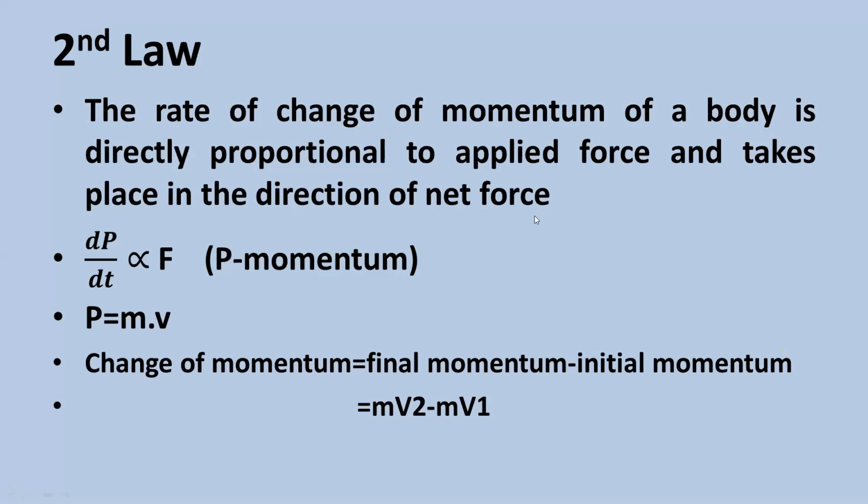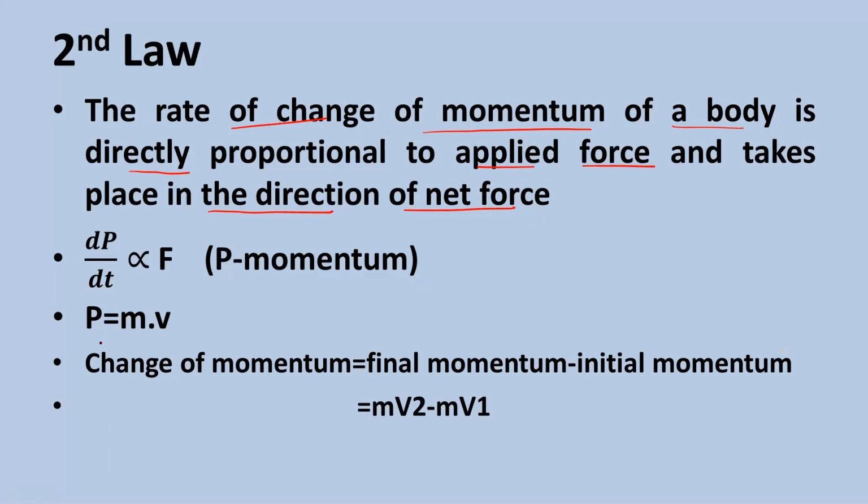Then Newton's second law. By using Newton's second law, we will get the equation force is equal to mass into acceleration. So what is Newton's second law? The rate of change of the momentum of a body is directly proportional to the applied force, and it will take place in the direction of the net force. So force is directly proportional to the rate of change of momentum.